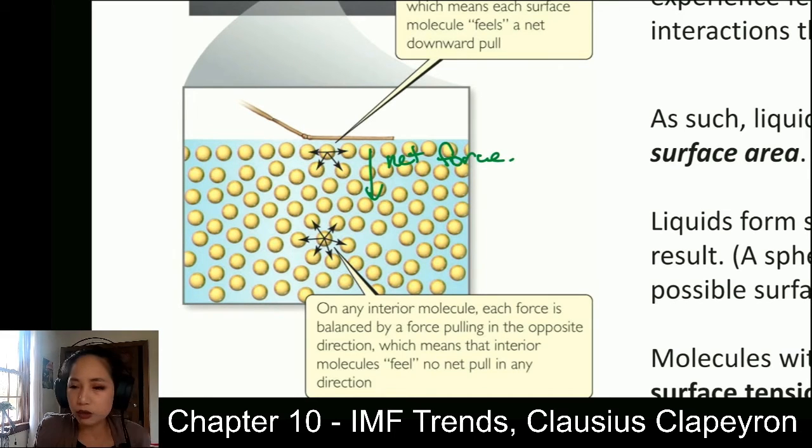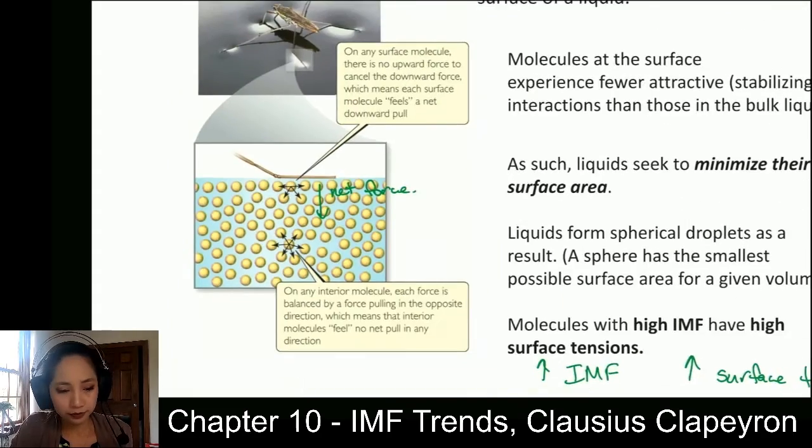So this molecule doesn't feel like it has to move in any one direction because it's being attracted from all sides of it, because that molecule is surrounded by identical molecules all around it. But what's different at the surface is that we're missing some molecules above at the surface. So there are no attractions pulling that molecule up to cancel out the rest of those intermolecular force attractions. So there's this net downward force, which is what surface tension is, based upon our definition.